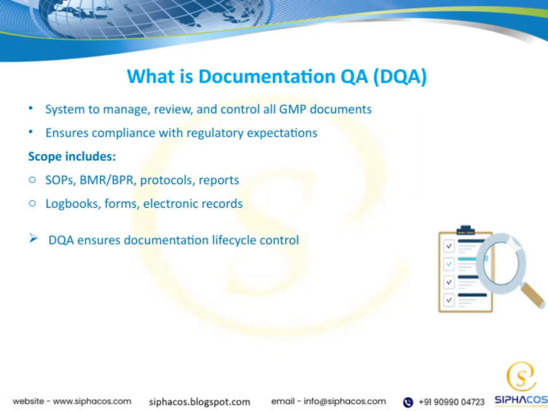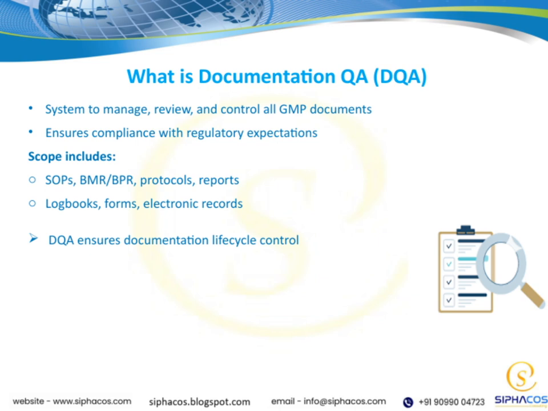So let's talk about what documentation QA, or DQA, actually is. Essentially, it's a system designed to manage, review, and control all GMP documents. The main goal here is to make sure everything complies with regulatory expectations, which is crucial in our industry. When we look at the scope of DQA, it includes a variety of document types such as SOPs, BMRs and BPRs, protocols, and reports. It also covers logbooks, forms, and electronic records.